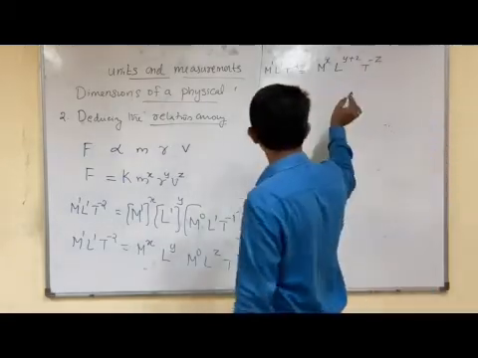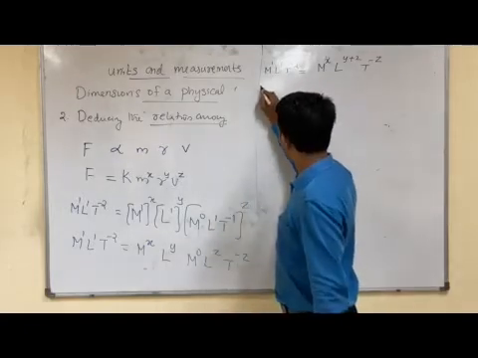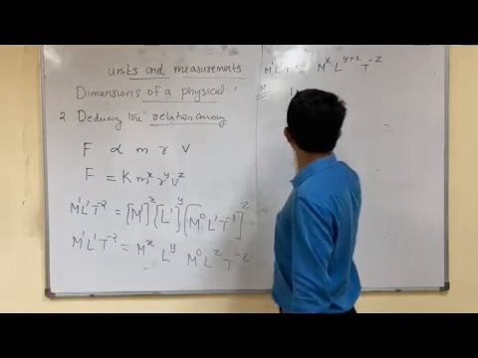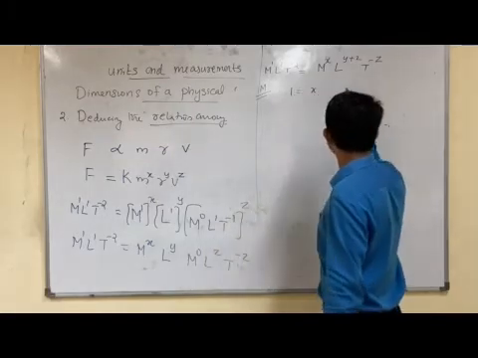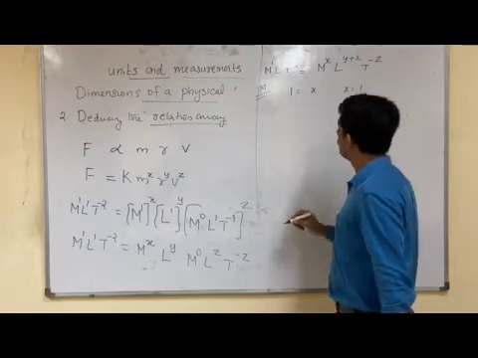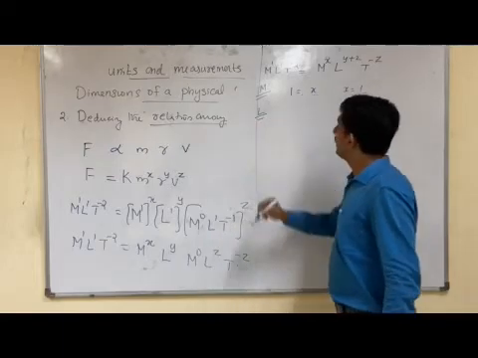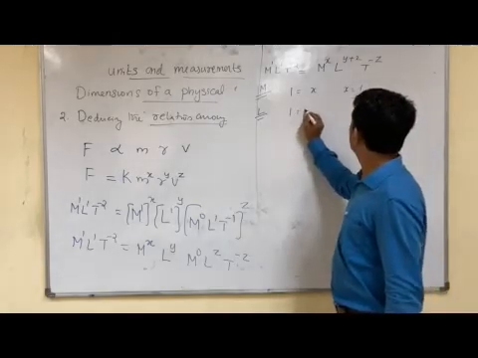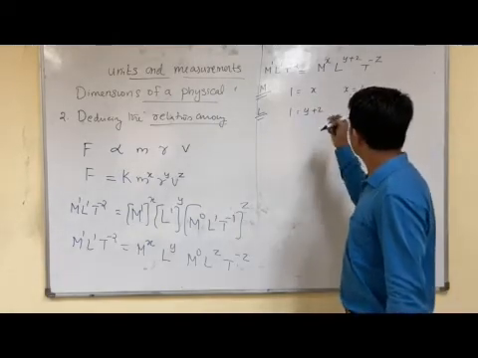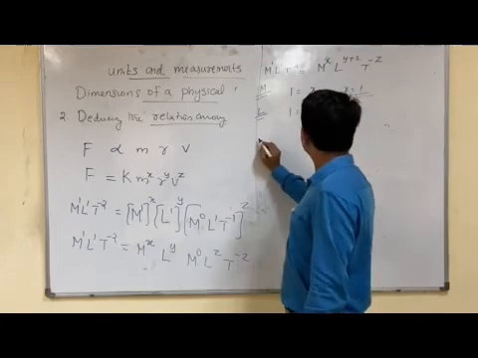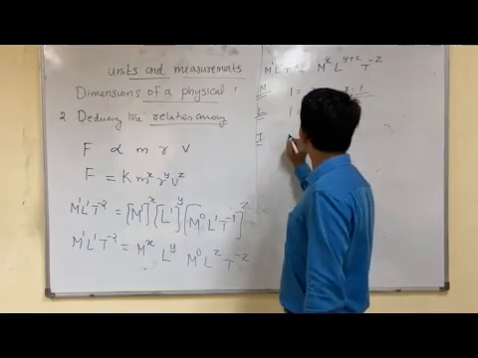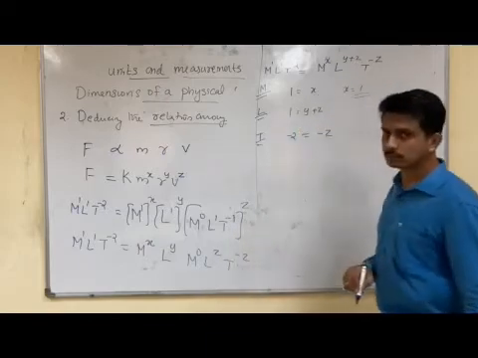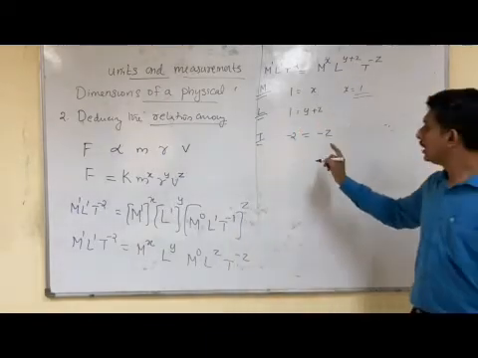Now we equate the powers on both sides. First, the power of mass: 1 is equal to x, so x is equal to 1. In the same way, the power of length: 1 is equal to y plus z. We can't do anything now, let it be. And for time T: minus 2 is equal to minus z.